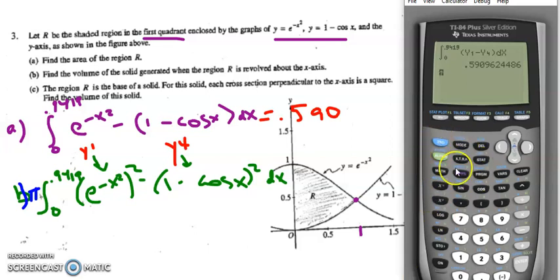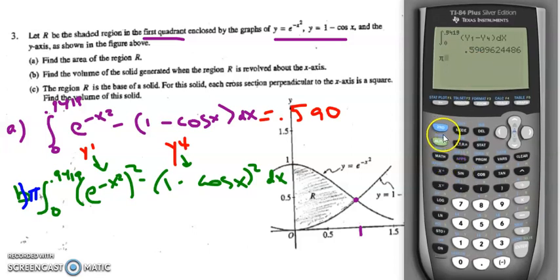So I'm going to type in the pi first, and then do the integral, which is alpha f2, choice 4, integrating from 0 to 0.9419. Then I'll open parentheses, vars, y-vars, function y1, close parentheses and square it, minus open parentheses vars, y-vars, function y4, close parentheses, square it.